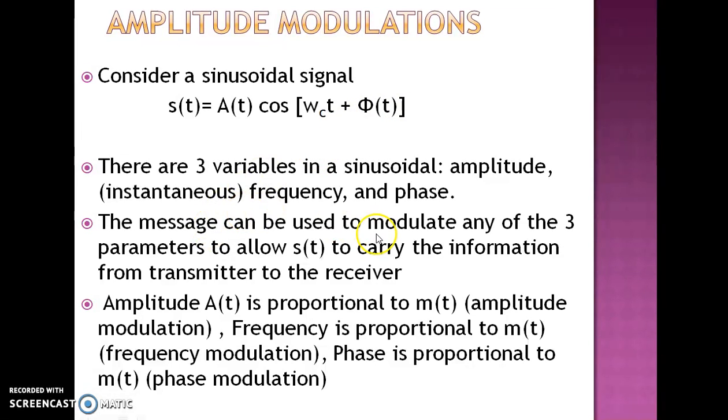So the message can be used to modulate any of the three parameters to allow s(t) to carry the information from transmitter to receiver. So out of these three parameters, a modulator varies any one at a time to transmit the information signal from transmitter to receiver.